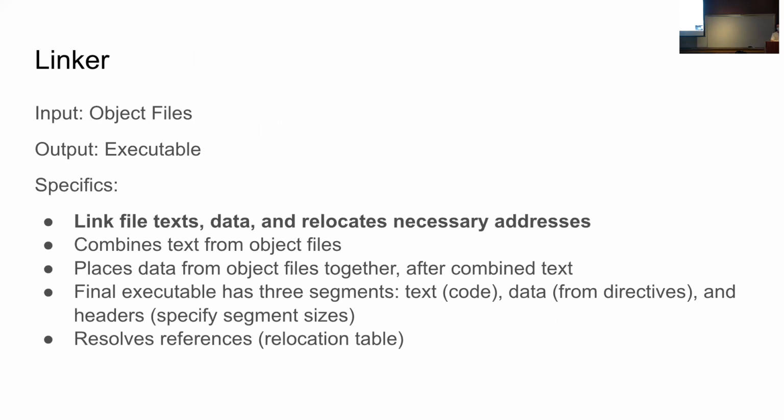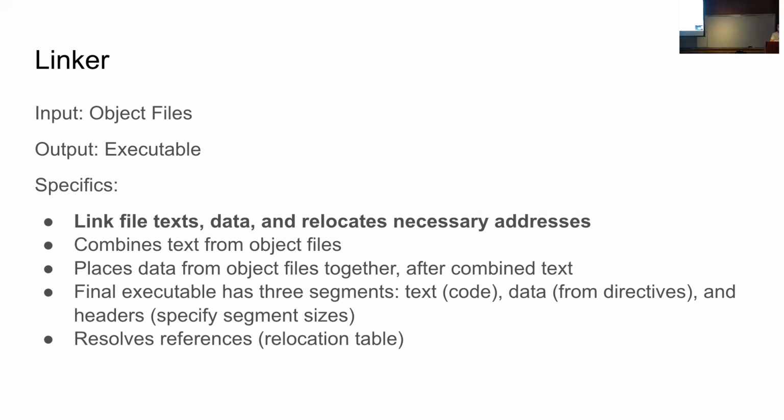And then the linker, second to last function in the call stack. Its input files are object files and its output is an executable. And then generally, or in a 1-line summary, it links files, text, data, and relocates necessary addresses.